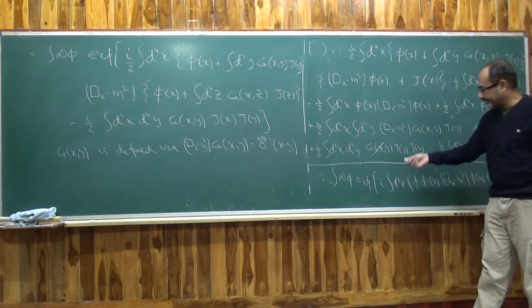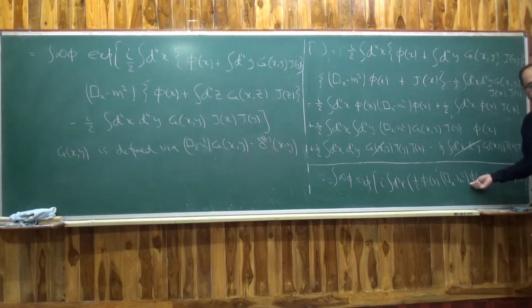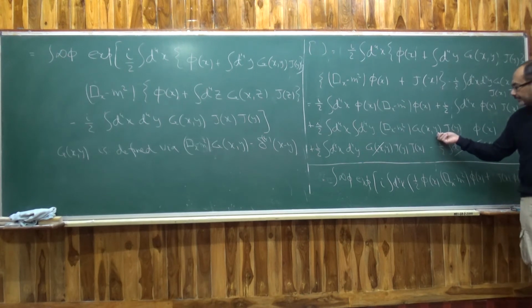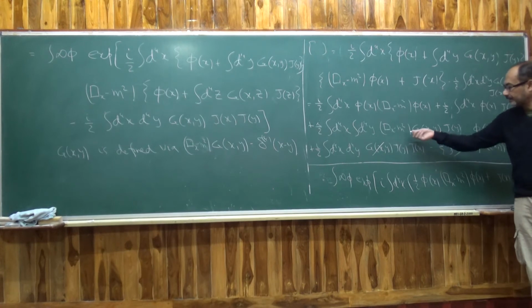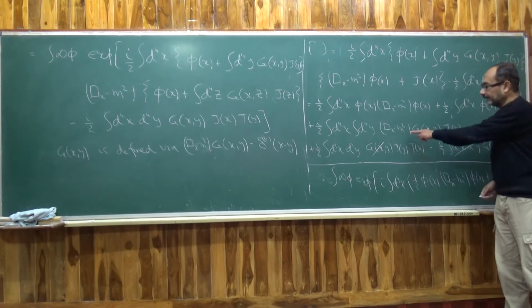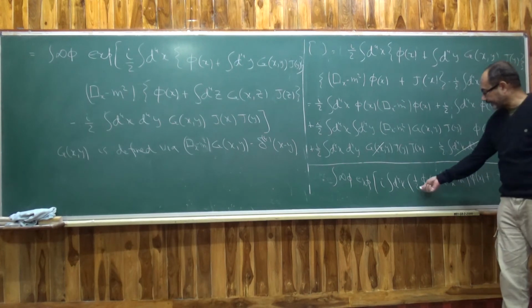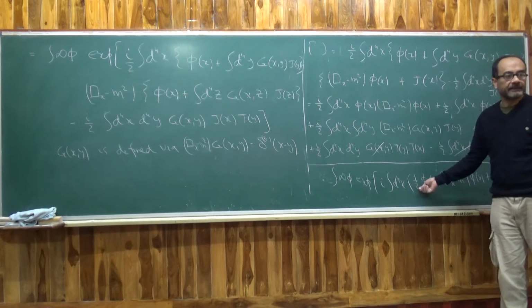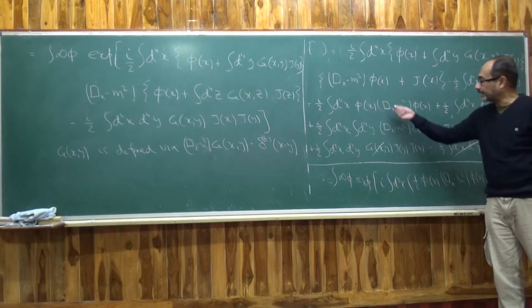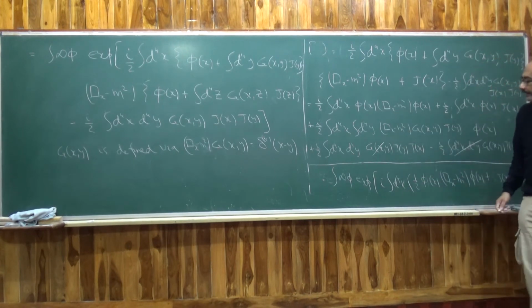This term is the same as this term. This is half of this term, second term. And what about this one? The first term is exactly the first term, because there is a half inside.